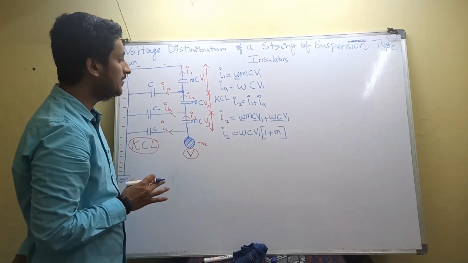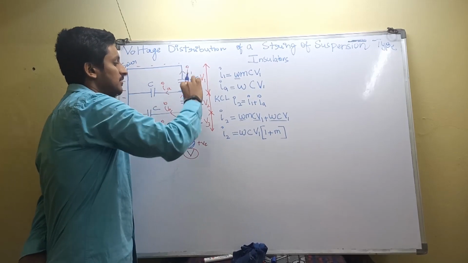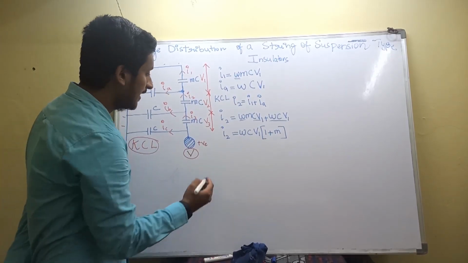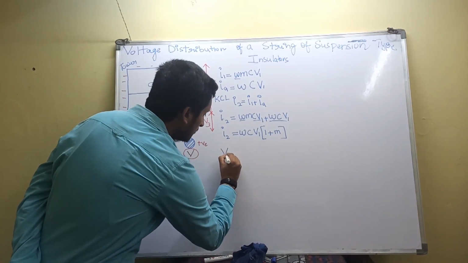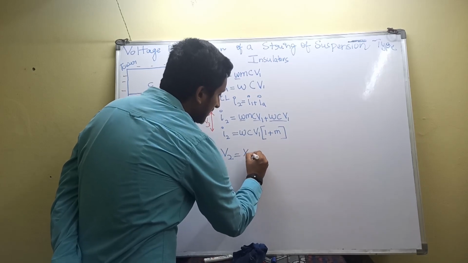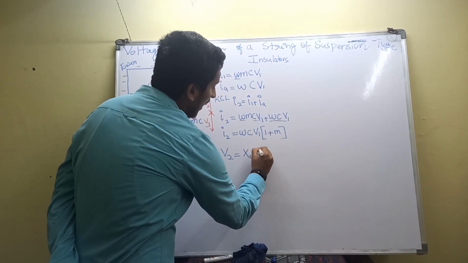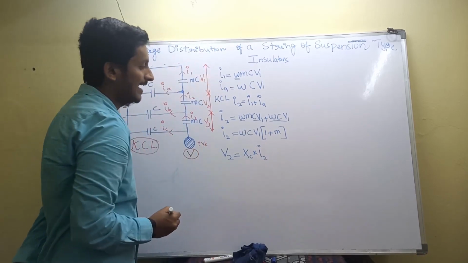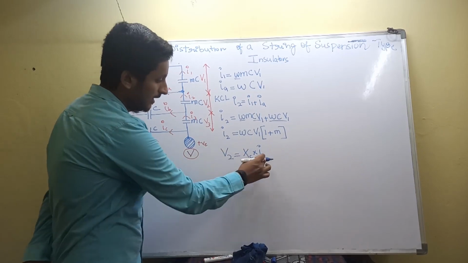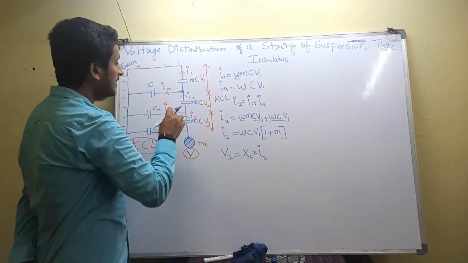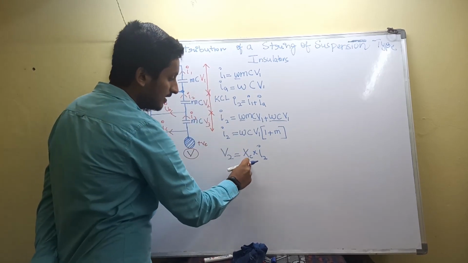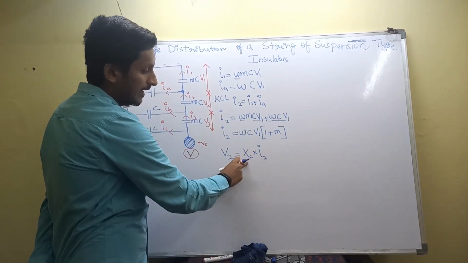Now, as I said, this part, this part, and this part have reactance. Now I can write V2 is equal to XC into I2, as V is equal to I into R. So see here, you have V2 here. So this will definitely be equal to I2 into XC.